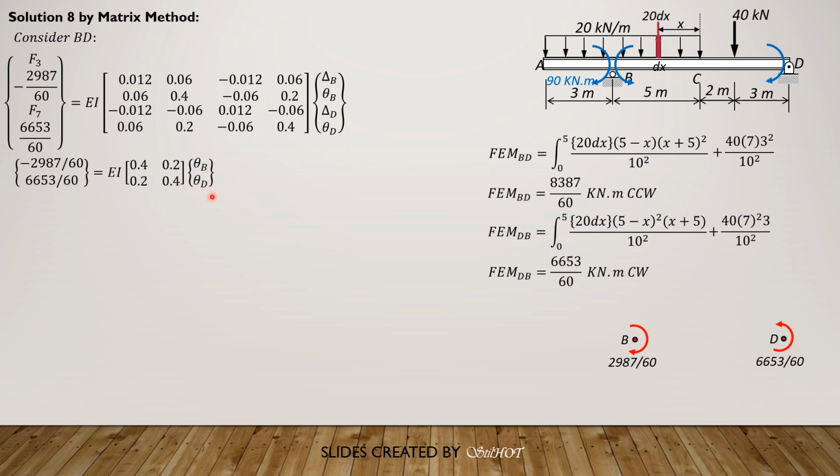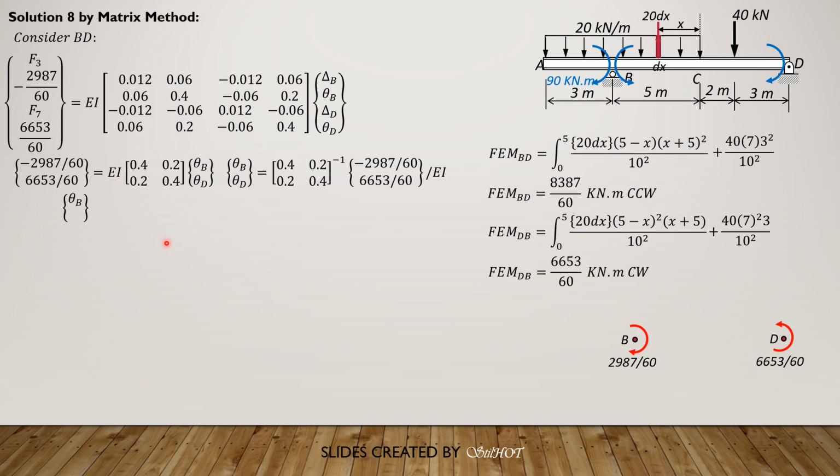So therefore theta B and theta D can now be solved. It is the inverse of this 2 by 2 matrix times this matrix here. So theta B, theta D is equal to the inverse of 0.4, 0.2, 0.2, 0.4 times this second or row matrix, divided by EI.